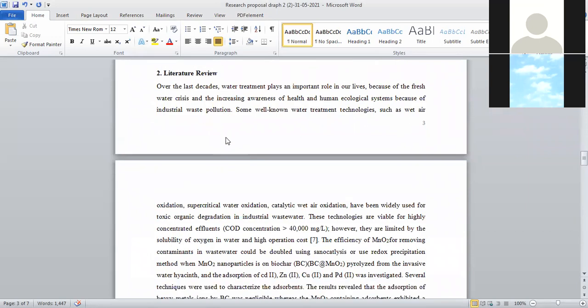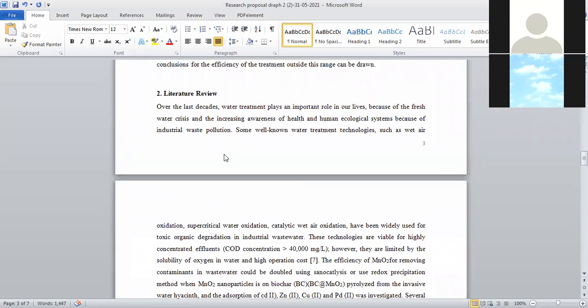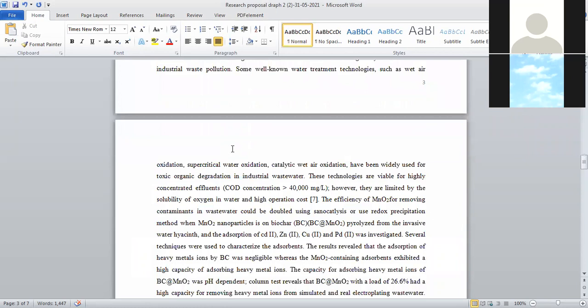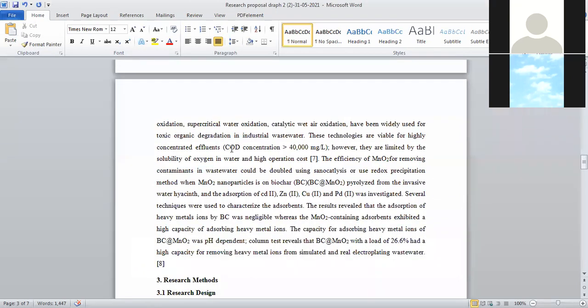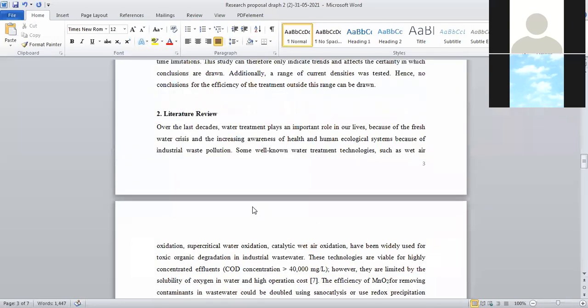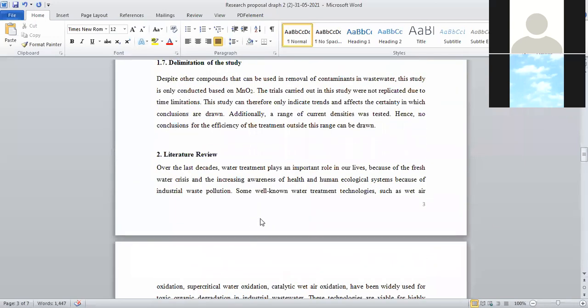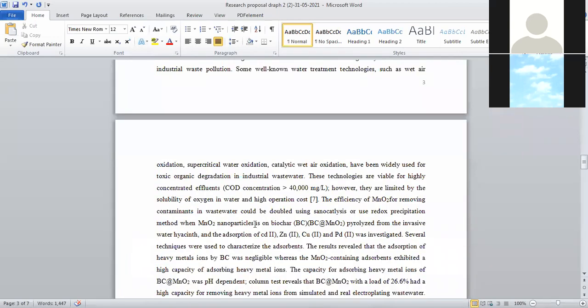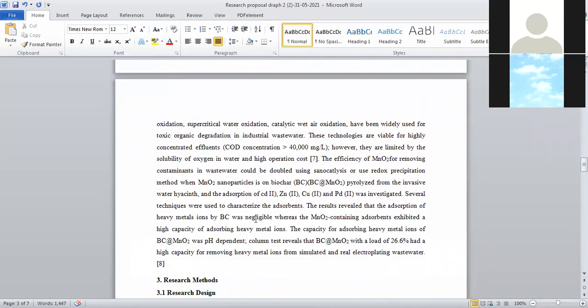Suppose this proposal is on water, then what they have done previously, mostly you will be collecting the literature, from the recent to the back, that will be better. Last 5, 6 years will be very good, and on that you can write.